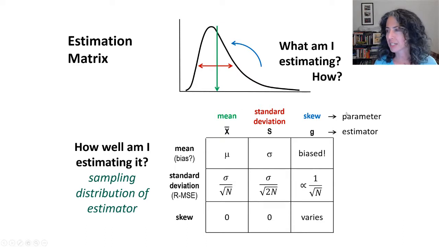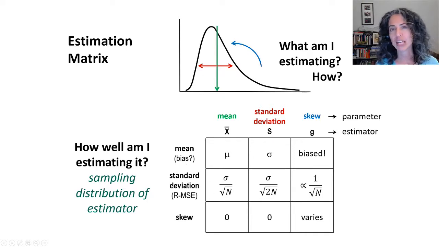We have across the top here parameters that we might be estimating: the mean, standard deviation, and skew. And down on the left, we have the description of how well we can estimate those parameters, which is described by the sampling distribution. The sampling distribution itself has a mean, which tells us whether or not the estimator is biased.